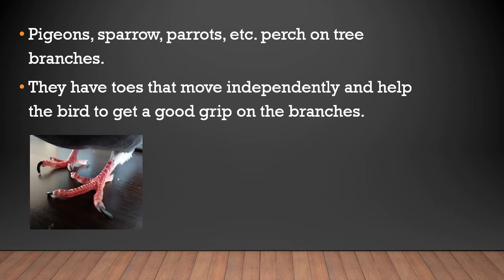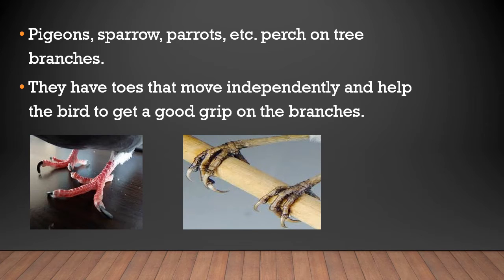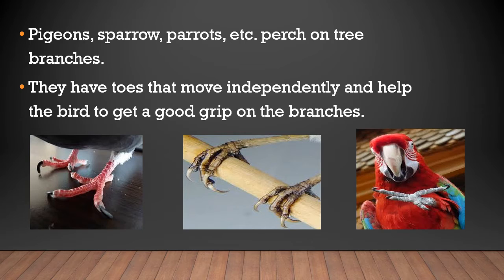Their toes are a little independent, or a little flexible. Here is an example of the pigeon's claws, the second one is the sparrow's claws and the parrot's claws. They help the birds to stay stiff on the tree branches.